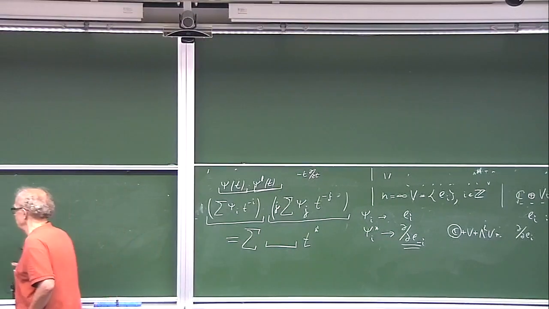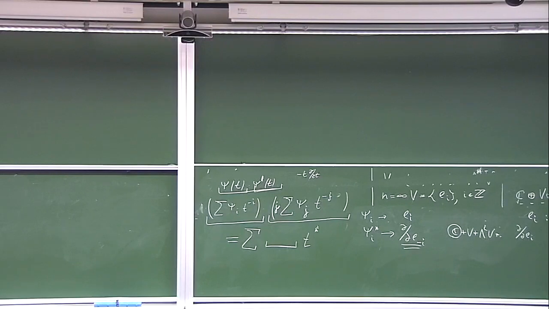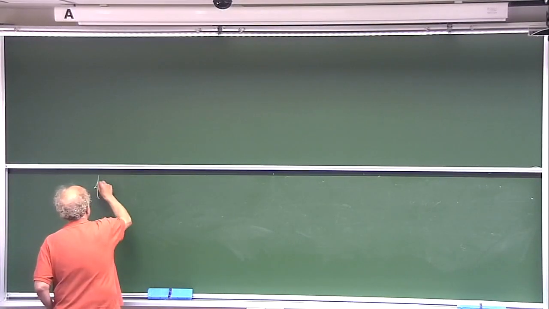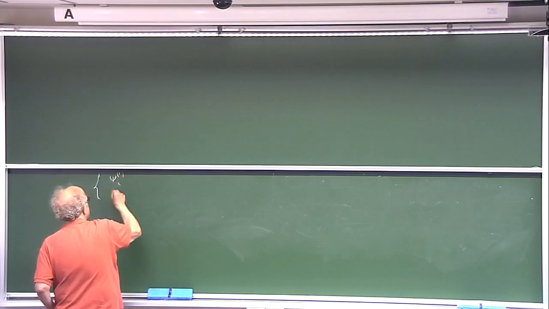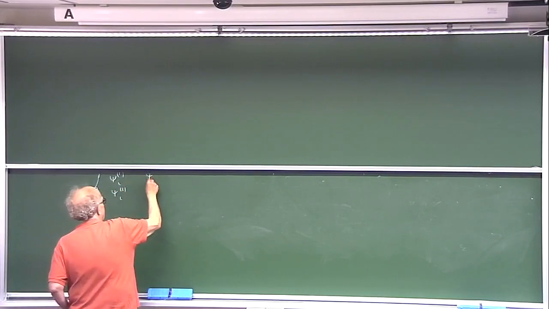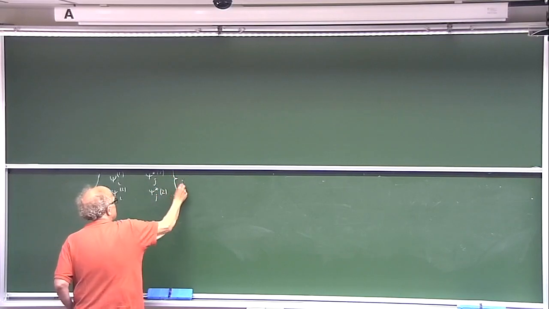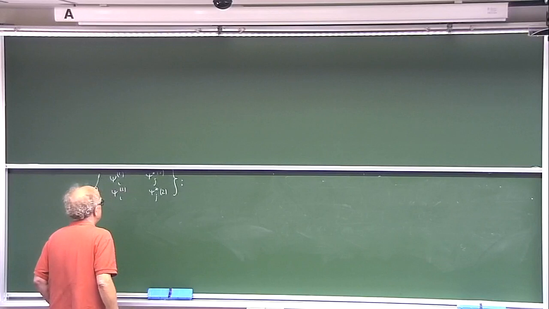But let me consider the following next example. I want to take the algebra where I have psi 1, 1, and psi 1, 2, psi I 2, and psi j star 1, and psi j star 2.